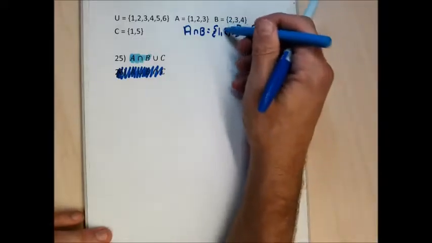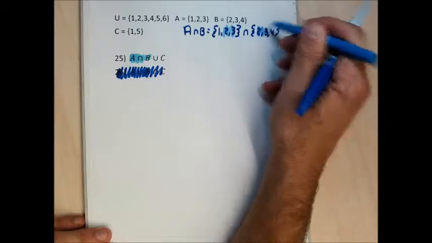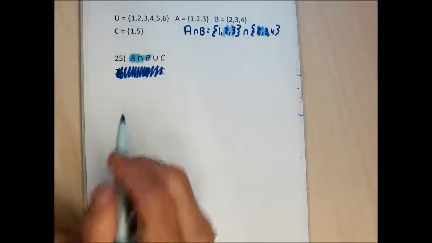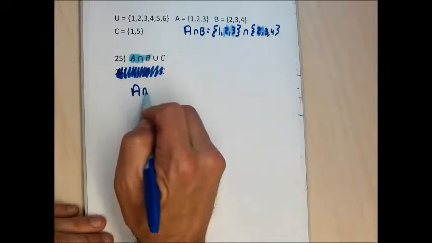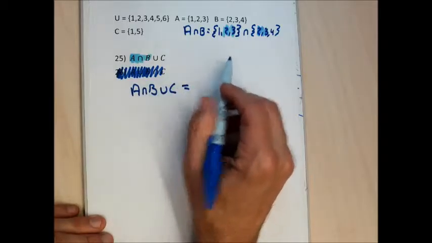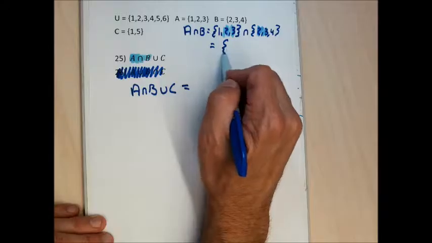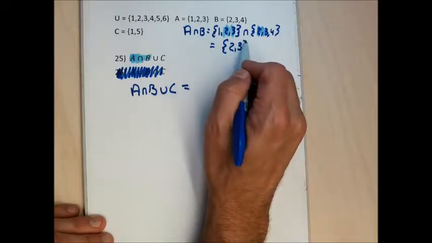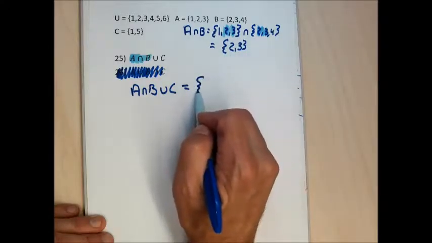Intersecting are what sets have in common, and those two sets have 2, 3 in common. So instead of saying A intersection B union C, I'm going to change this to what A intersection B is, and A intersection B is 2, 3.